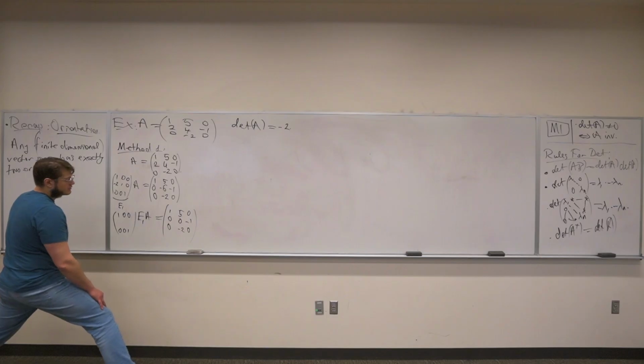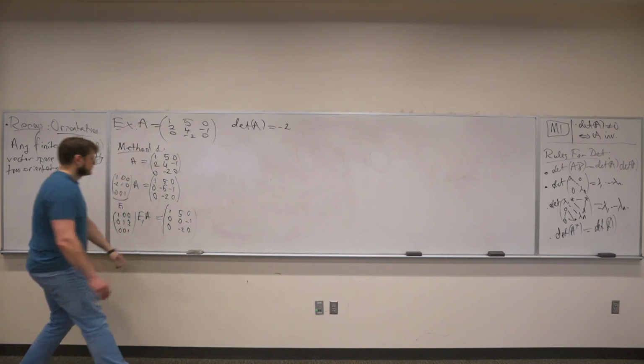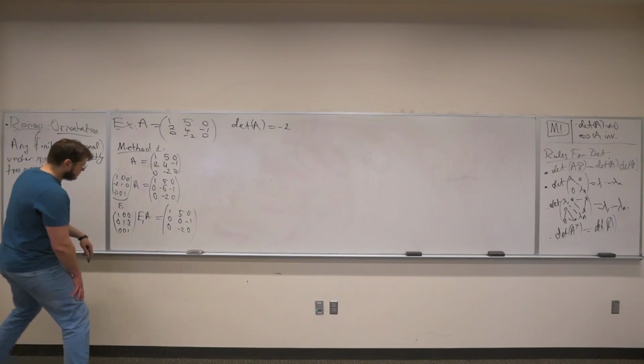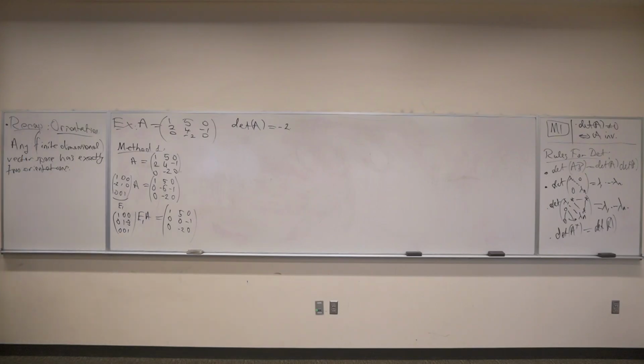How did I operate on the second row? Well, I took the second row and I added 3 times the third row, like this. Need to subtract, I think. Yes. Now it works.